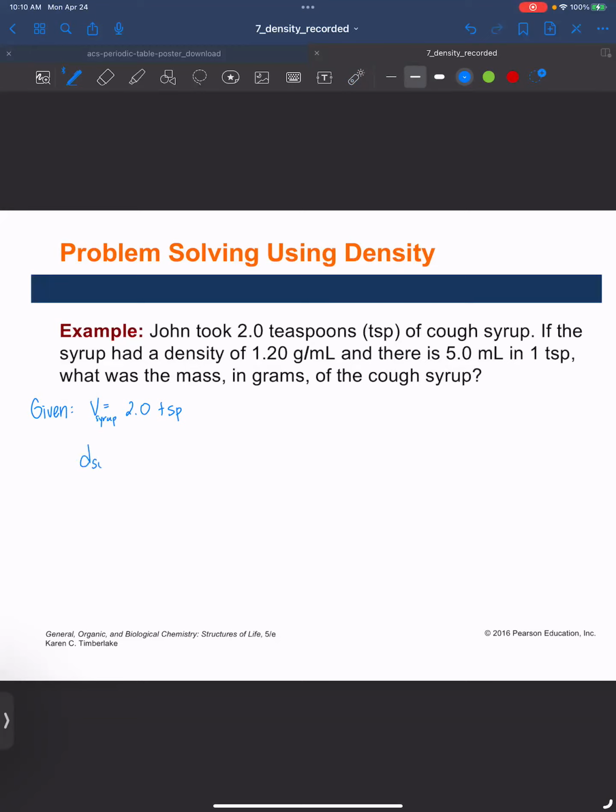We're also provided the density of the syrup is 1.2 grams per milliliter. And we're given an equality within the problem. There's 5 milliliters in 1 teaspoon. So let's write that. 5 milliliters is equal to 1 teaspoon. And we are asked to find the mass of the cough syrup. So we need the mass of the cough syrup.